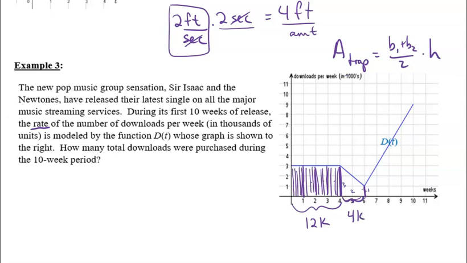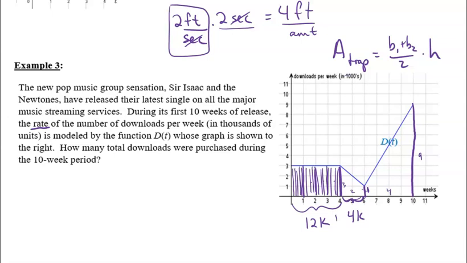Okay, and then we have another trapezoid because now the song gets more popular, so the rate of downloads increases up to 9, and so now I'm looking at a trapezoid with a height of 1, 2, 3, 4, and then bases of 1 and 9. So 10 over 2 times 4.